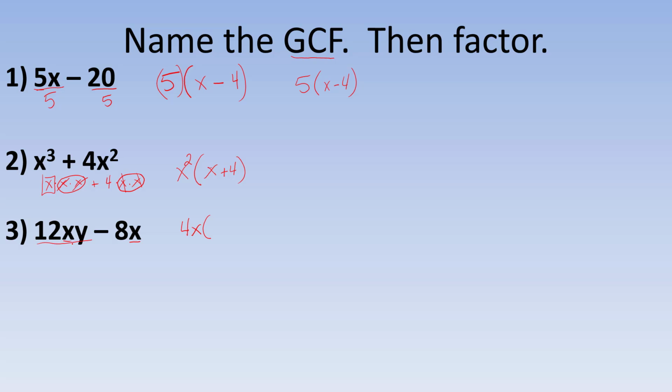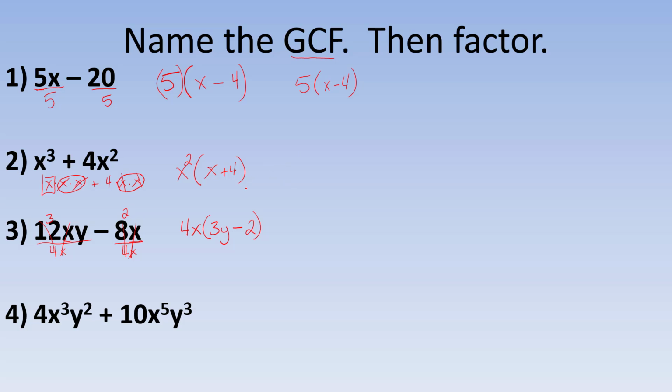So again, we want to divide both of our terms by 4x, which we'll see that x is a common factor. 4 goes into 12 3 times, and we're left with 3y minus 4x and x simplify out. 4 goes into 8 2 times, and on the right we're left with 2. So our factors are 4x and 3y minus 2.